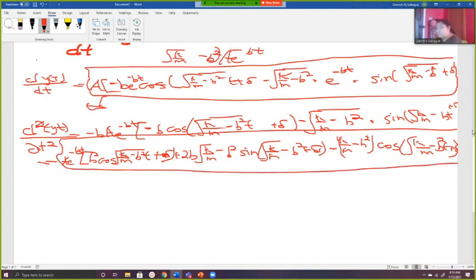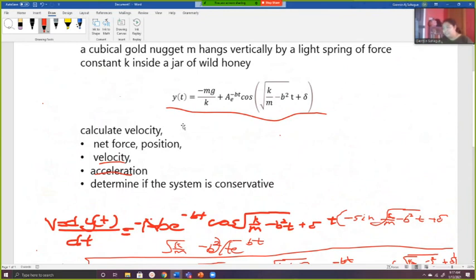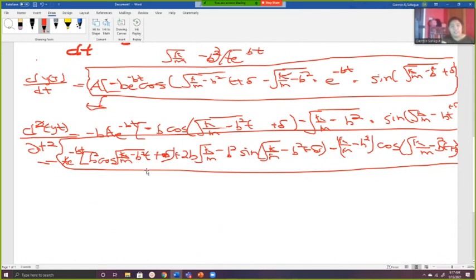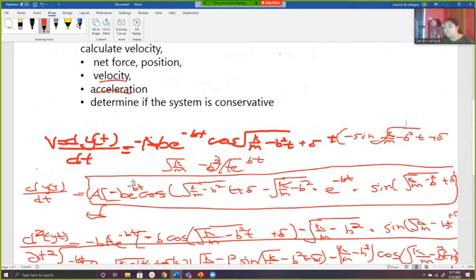Now we want to find out if this system is conserved or not. So we need to determine if it's conservative.